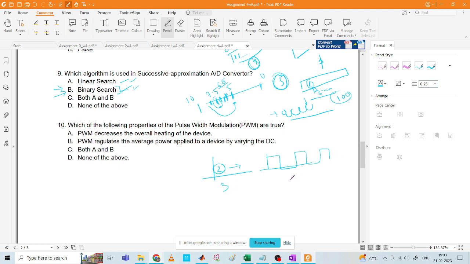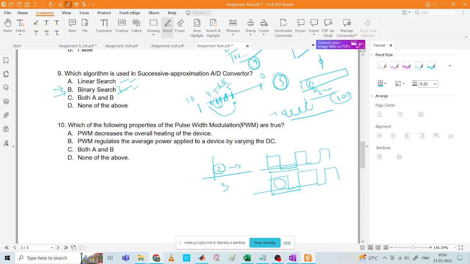When you give 3 volts, the pulse will look like this. You see, the time period is always constant. But the on period of the pulse is increasing. That is very important.